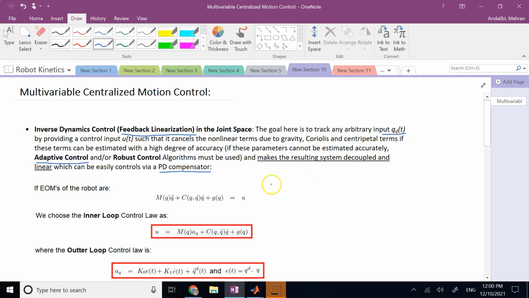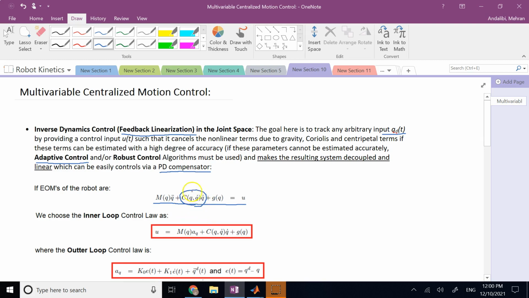If you remember, the equation of motion for a robot is in general M(q) q double dot plus C(q, q dot) q dot plus G(q) equals u. Here I have neglected the friction terms, but if we have the friction terms, we can just add them to this and make it like a modified C matrix.